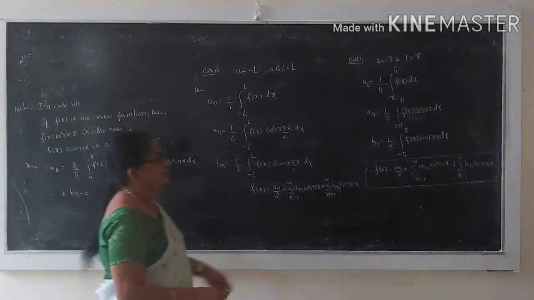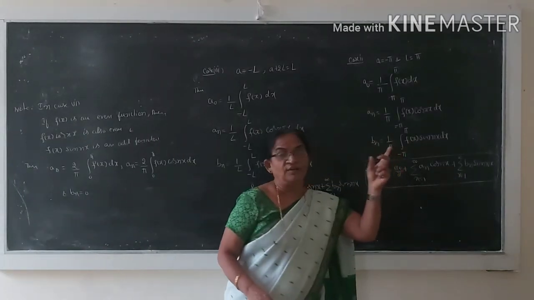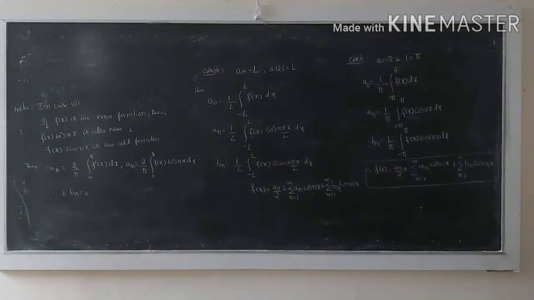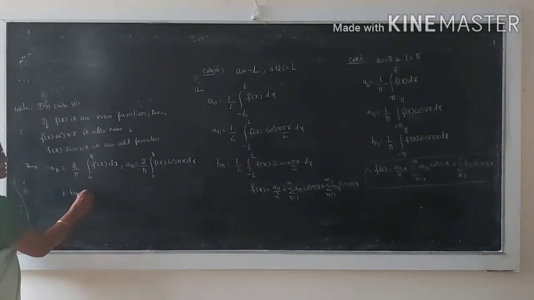Bn is equal to 0 means we use the property of definite integrals: whenever it is an odd function, the integral from -a to a of f(x) dx is equal to 0. Therefore, I write this as 0.